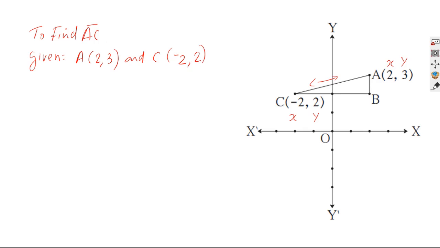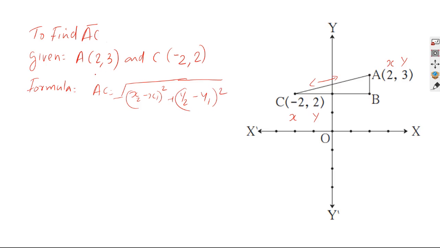Now, what we have in our hand is something we can work with according to the formula. We will write the formula to find out; from there we can conclude a lot. The formula which we will be using in this case is AC equal to the square root of (x2 minus x1) whole square plus (y2 minus y1) whole square.